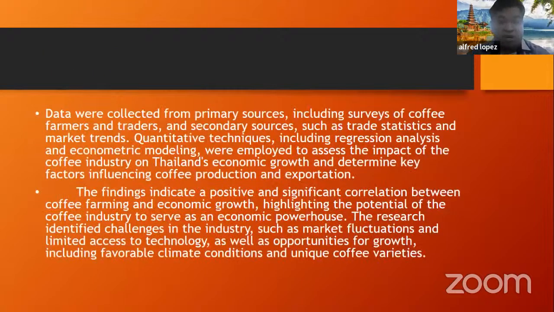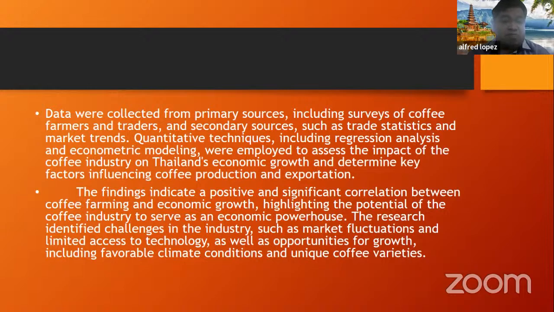Data were collected from primary sources, including surveys of coffee farmers and traders, and secondary sources such as trade statistics and market trends. Quantitative techniques, including regression analysis and econometric modeling, were employed to assess the impact of the coffee industry on Thailand's economic growth and determine key factors influencing coffee production and exportation.